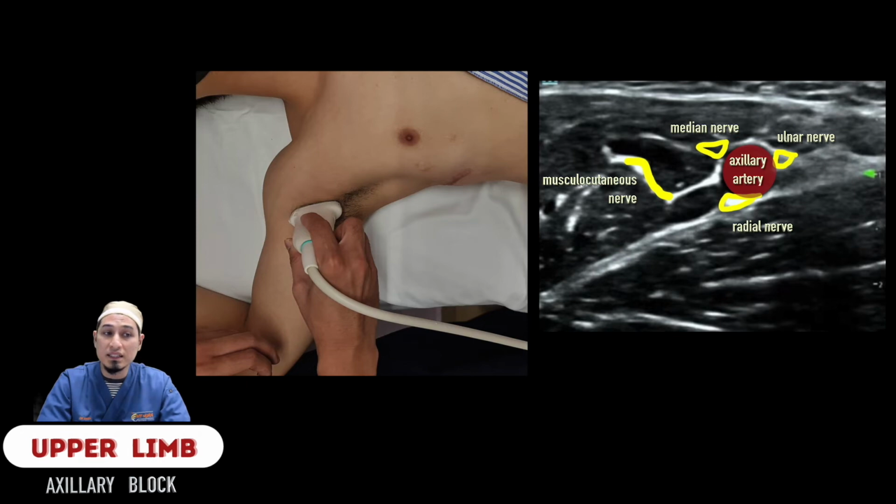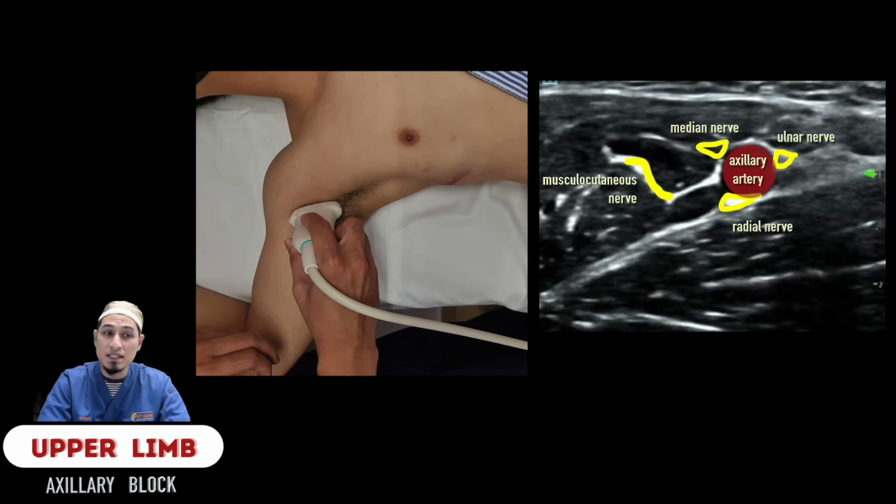Remember that this nerve may be adjacent to the artery and the median nerve, sometimes giving the impression of a large median nerve. Moving the probe distally will reveal the nerve as it slides laterally in the fascial plane through the muscle. It often changes shape depending on its position within the muscle.